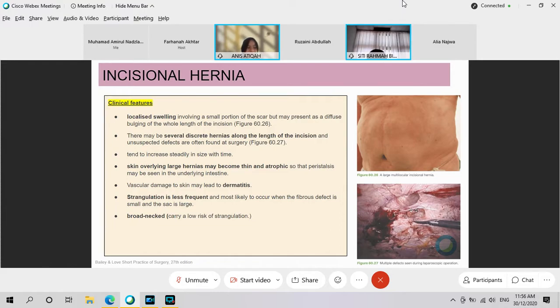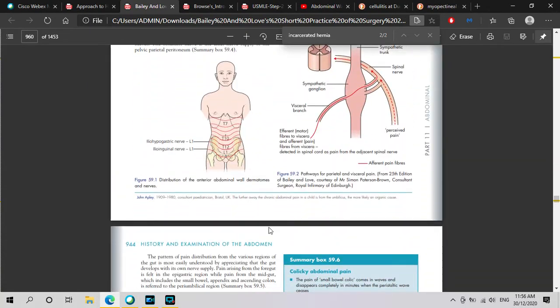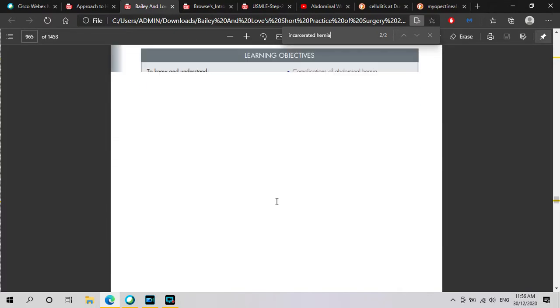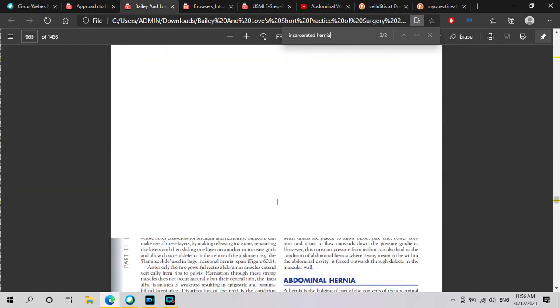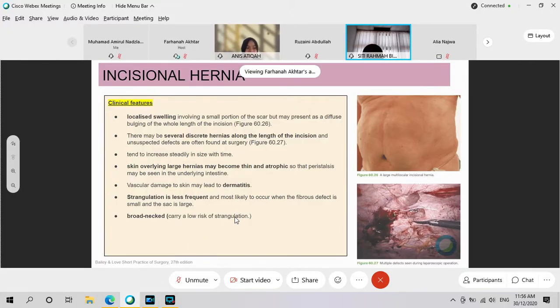Where is the origin of the external oblique? Where is the muscle located? Rectus abdominis. Huh? Rectus abdominis muscle, doctor.